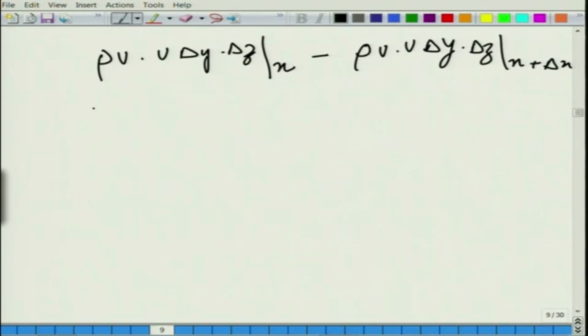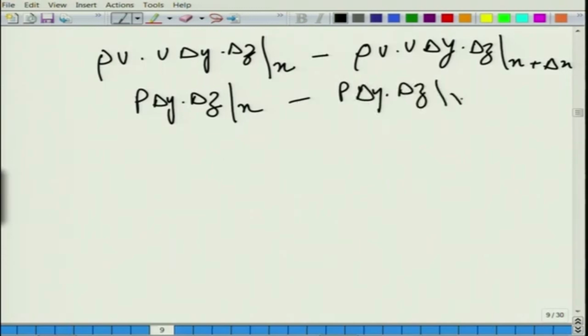The pressures act in the opposite direction on opposite faces. So, you get your p times delta y into delta z at x minus p times delta y into delta z at x plus delta x. Okay. So, this is the net force, and what is it equal to?